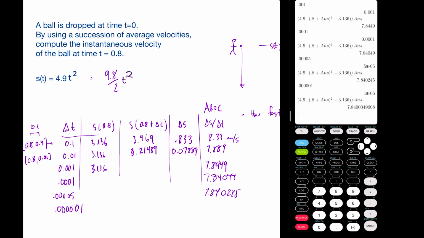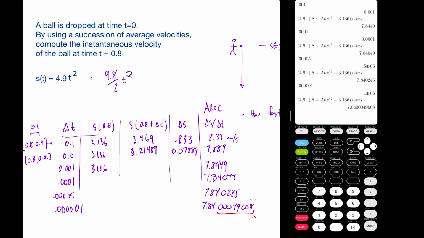Oh yeah, look how that tail of that number behind the 0.84 is going to 0. That's so cool. 7.84, 1, 2, 3 zeros, and then a 49008. I'm guessing the stuff back here is starting to become noise.